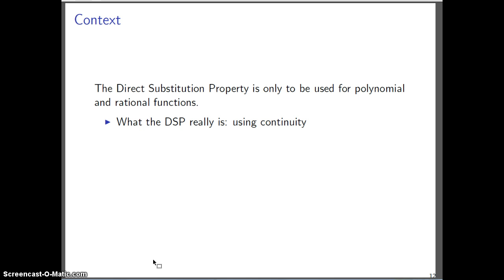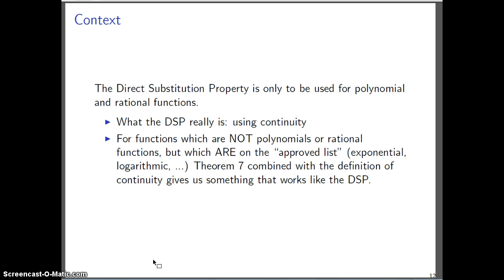So that's what the DSP really is. It's just continuity, but just for a basic collection of functions, to get you started computing some limits. The story behind DSP is that polynomials and rational functions are continuous. And then finally, just as a comment, for functions which are not polynomials or rational, but which are on that approved list in Theorem 7, Theorem 7 combined with the definition of continuity gives us something that works the same way that DSP does.